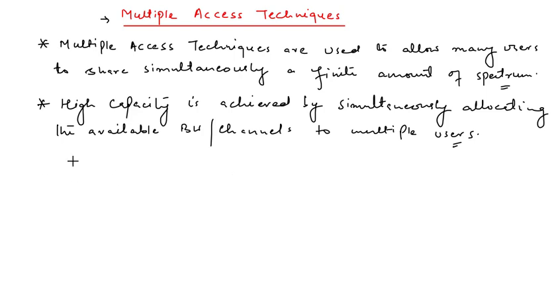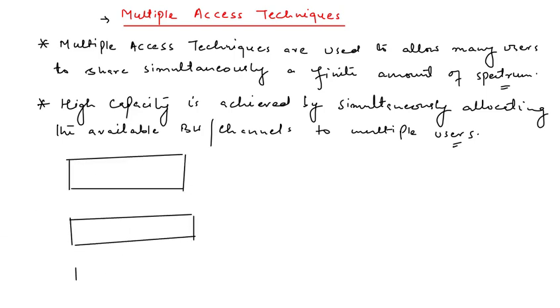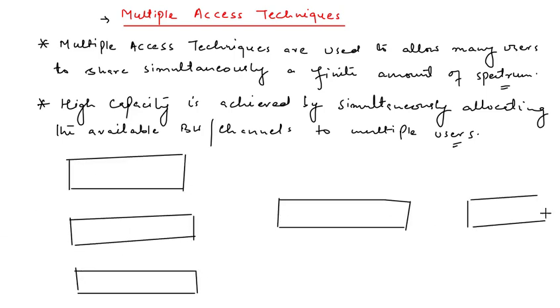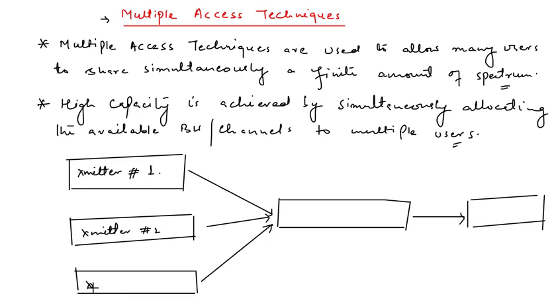We have a kind of communication system. I will draw a diagram here. This is a kind of communication system.